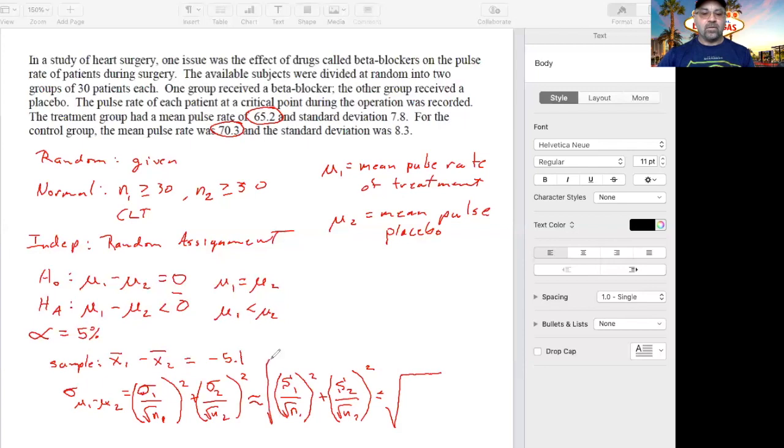Oh, sorry, this was all supposed to be in a square root. Because remember that I'm adding variances, so this is the square root of 4.324. So that's my standard deviation.